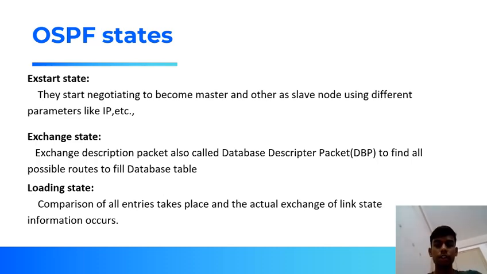After receiving the database description packet, it goes into a state called the loading state. Here, the comparison of all entries takes place in the new router, and the actual exchange of link state information occurs between these two routers. They exchange all the possible routes stored within their databases.